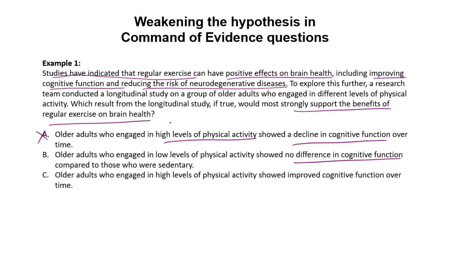But here it says there is very little physical activity, but it showed no difference in cognitive function compared to those who are sedentary, right? So it contrasts, because more physical activity means positive benefits. Compared to those who are sedentary, you should expect some positive effects on brain health. So again, this is weakening the hypothesis.